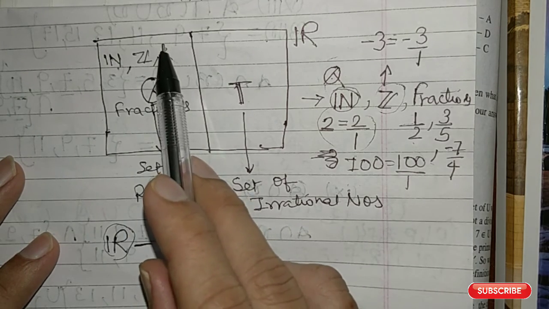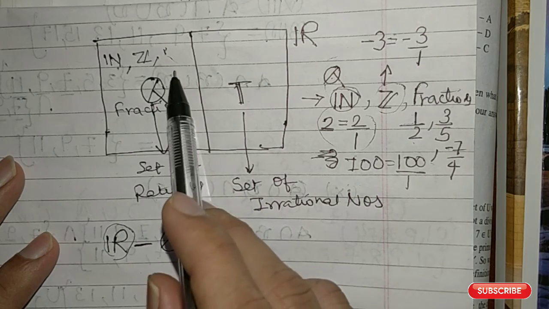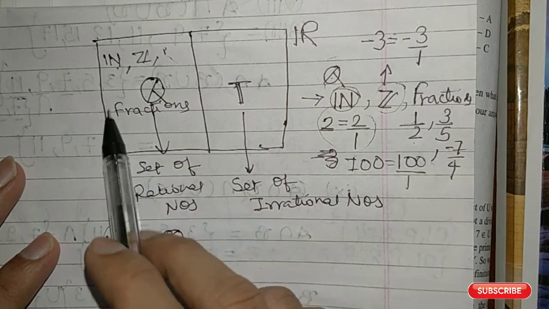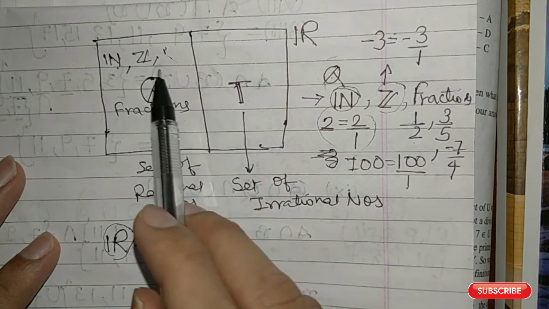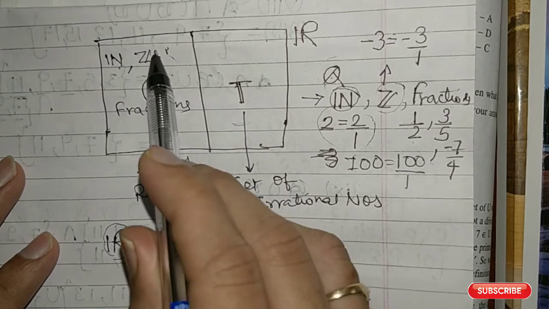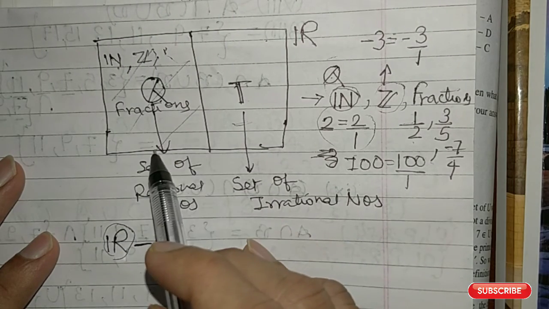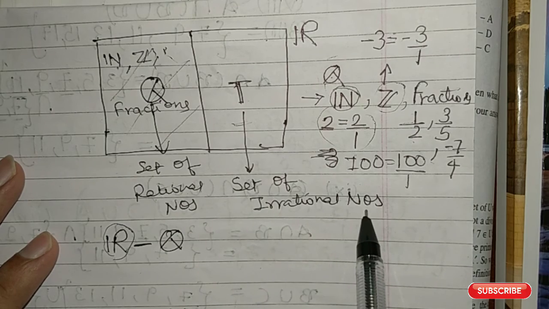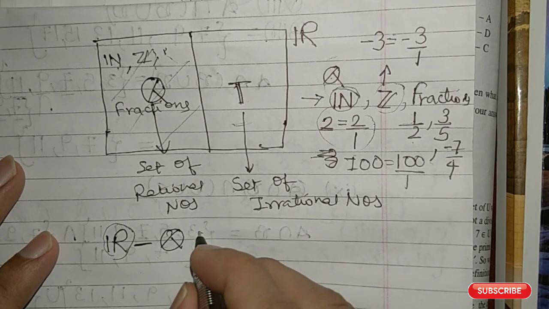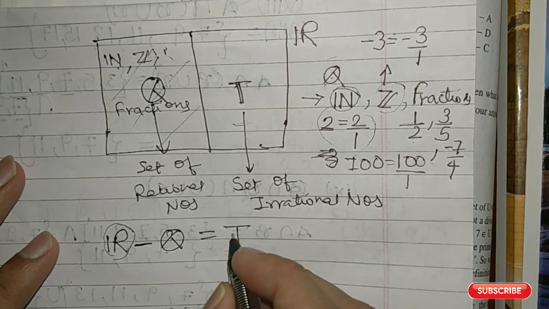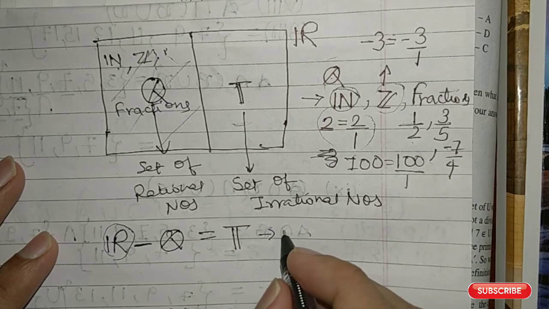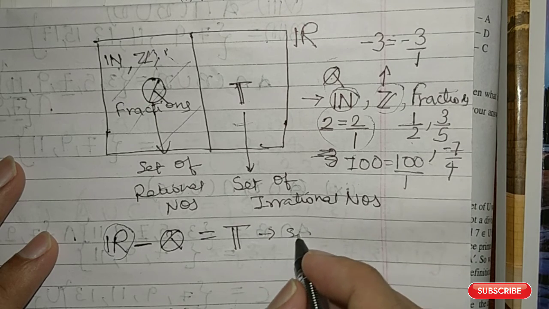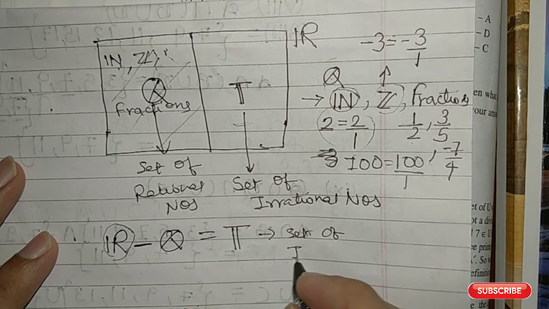The natural numbers, the integers, the fractions, so all the rational numbers you are removing. So what will remain? What will remain is the set of irrational numbers. So R minus Q is nothing but script T, which is the set of irrational numbers.